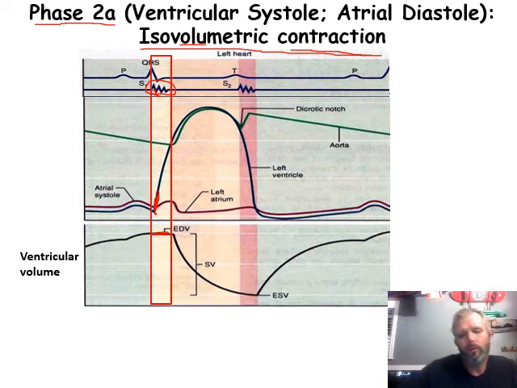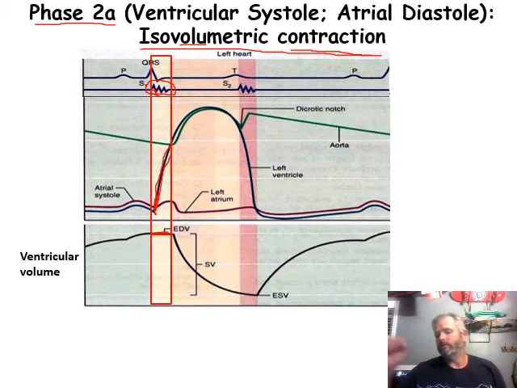Okay, but this whole step up here, until we meet the green, until we meet the aortic pressure, is the isovolumetric contraction. Because where are the ventricles going to push blood? Into the aorta.